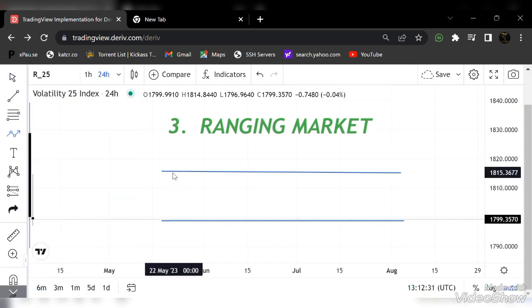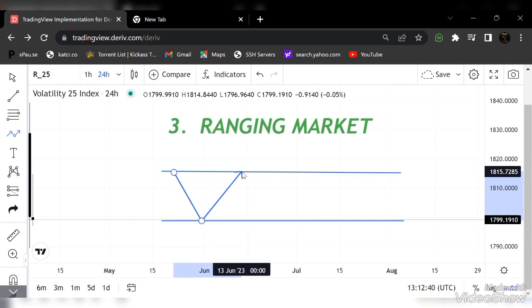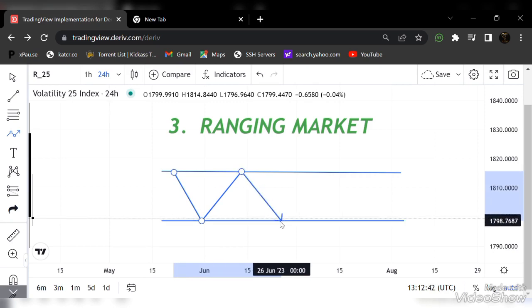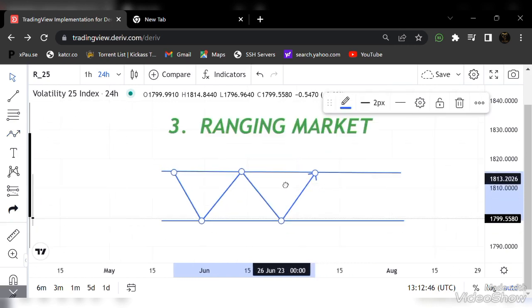Price will be consolidating within these parameters, support and resistance. So price will be consolidating like this. This actually indicates a ranging market, right?